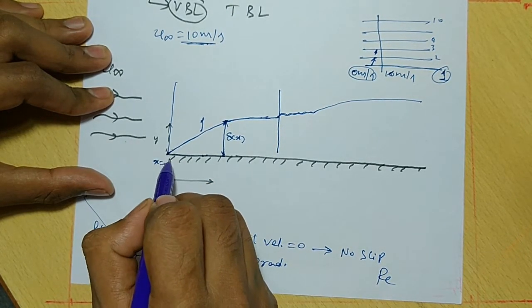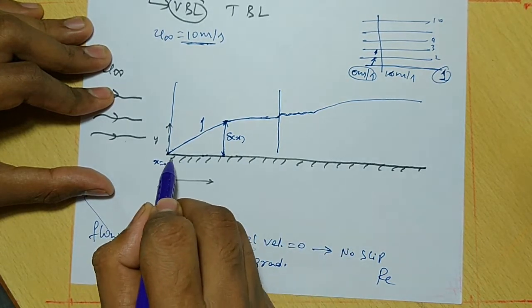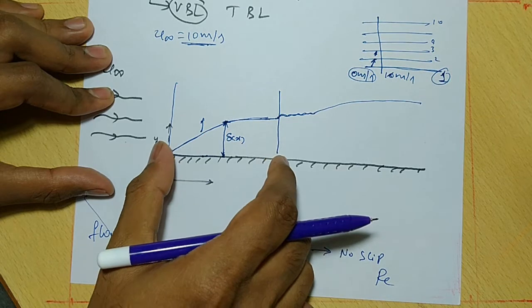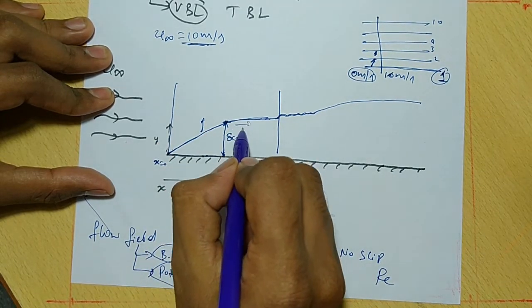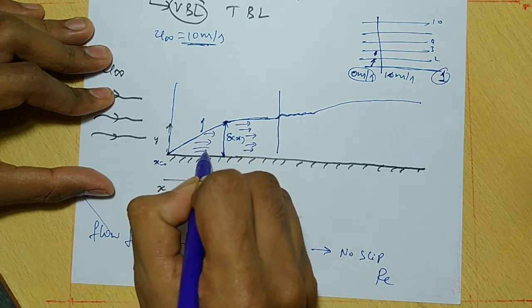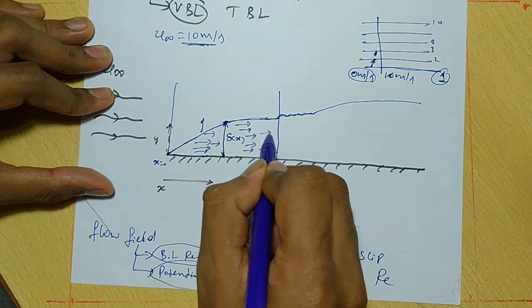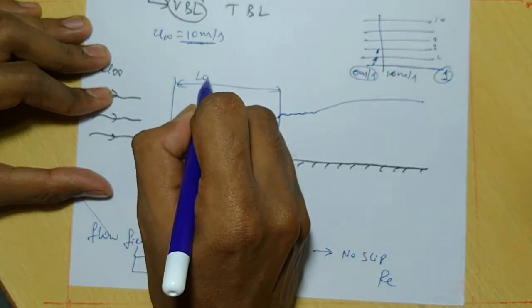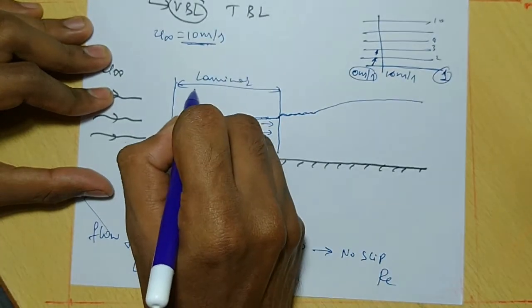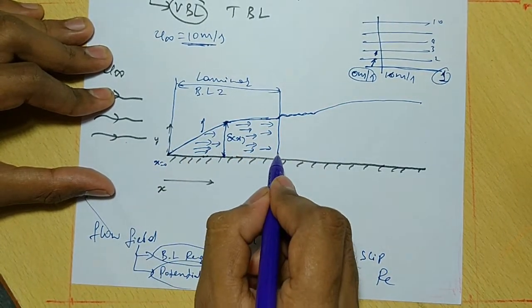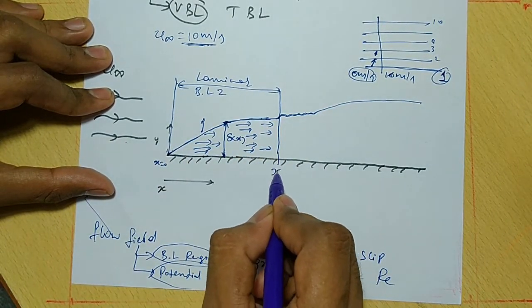When the fluid is moving over a plate or any surface for a particular distance, the fluid particles move in a very orderly manner. That zone we are going to call the laminar boundary layer zone.